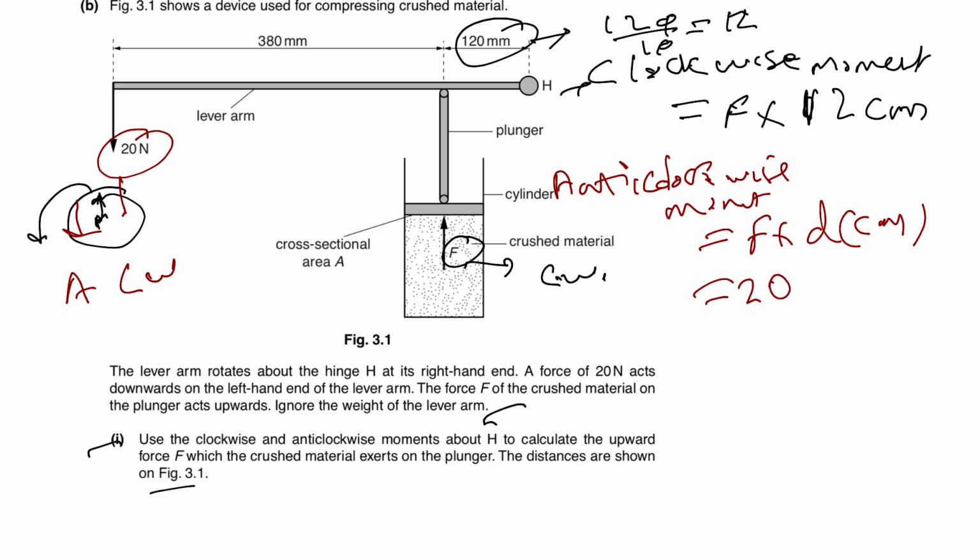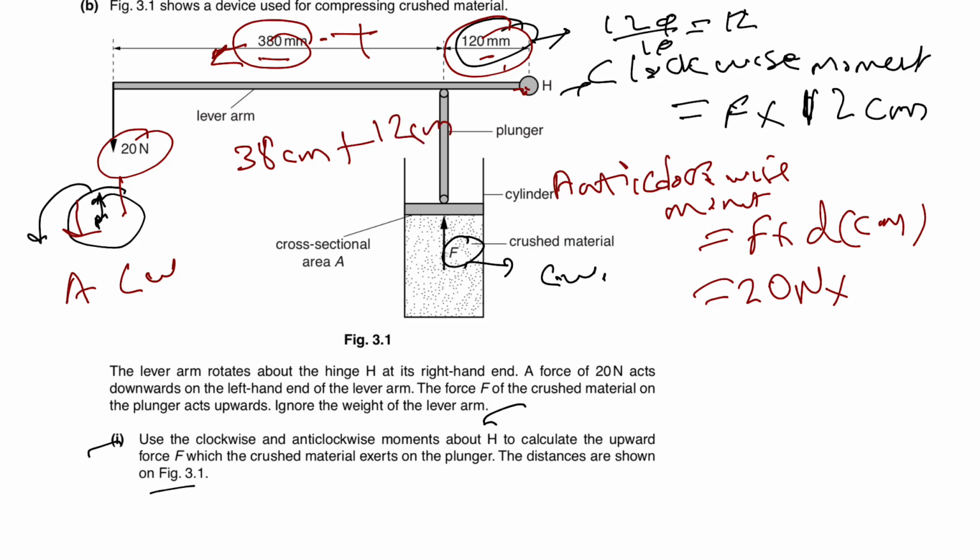The perpendicular distance is 380 mm plus 120 mm, because the whole distance is involved. Converting to centimeters, 380 divided by 10 is 38 centimeter plus 120 divided by 10 is 12 centimeter, so the total is 50 centimeter.